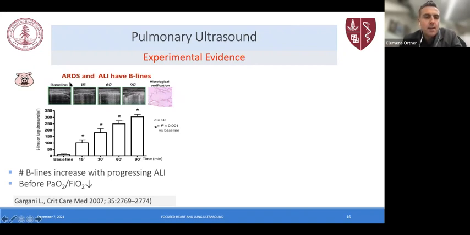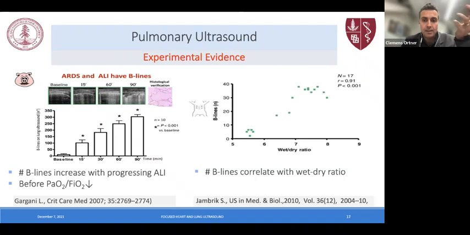The ultrasound probes nowadays are so sensitive that they saw more and more B lines popping up, and these B lines appeared before there were any clinical changes, before there were any changes in the PaO2/FiO2 ratios. So lung ultrasound is more sensitive to changes of extravascular lung water than we might clinically see.